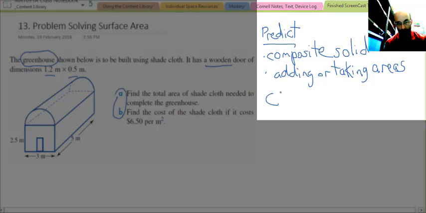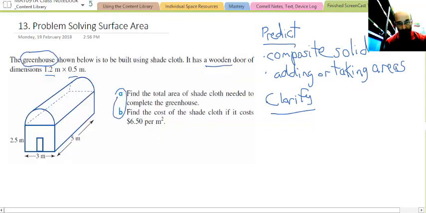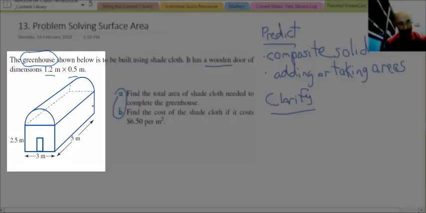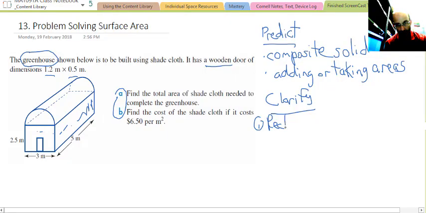Alright, so clarify. Let's see, I understand all of the terms used there, so I don't need to look any words up. What have we been given? We've been given three shapes. We have a rectangular prism. If you have a look over here, rectangular prism. What else do we have there?